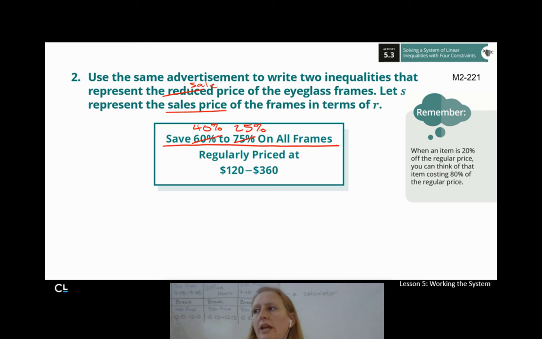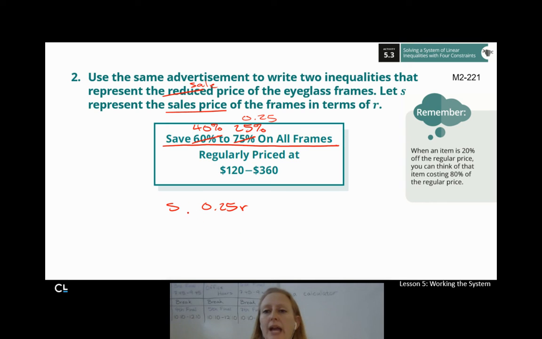Ooh. So let's write an inequality for each one of these. So my sale price is between 40% and 25%. Actually, I guess it's backwards, right? 25% and 40% because we start with the least. I don't want to do a percent. Percents I write as decimals, so 0.25. So I would do 0.25 times the regular price, right?